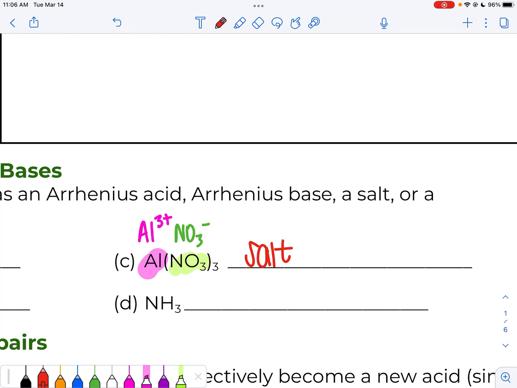All right, last one, NH3. All right, do I see any free hydrogens available to leave? No. Do I see any hydroxides? No. Is it a salt? No, because nitrogen and hydrogen are both non-metals, so they must be bonding covalently, and we call covalent compounds molecules or molecular compounds.